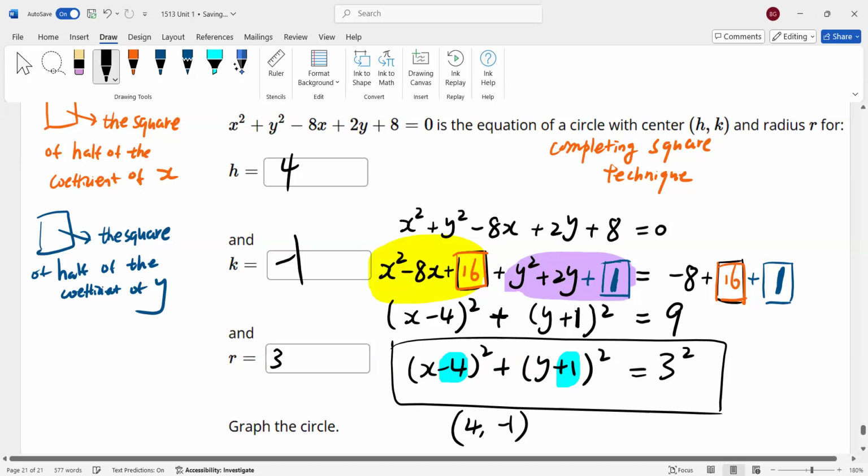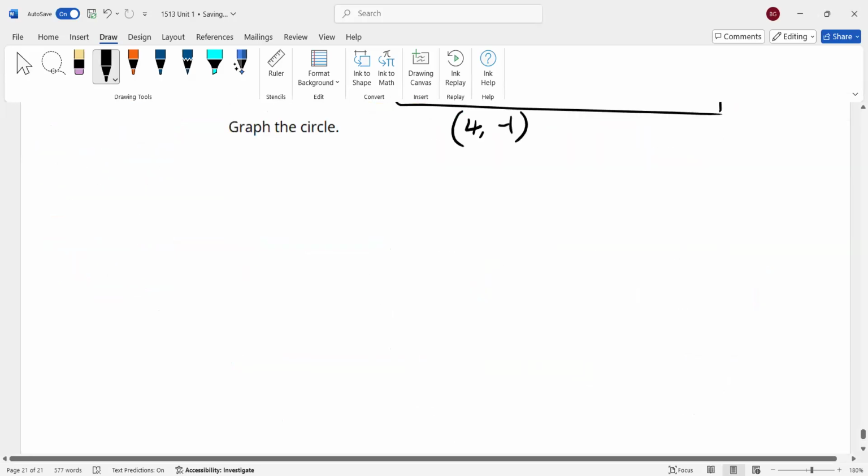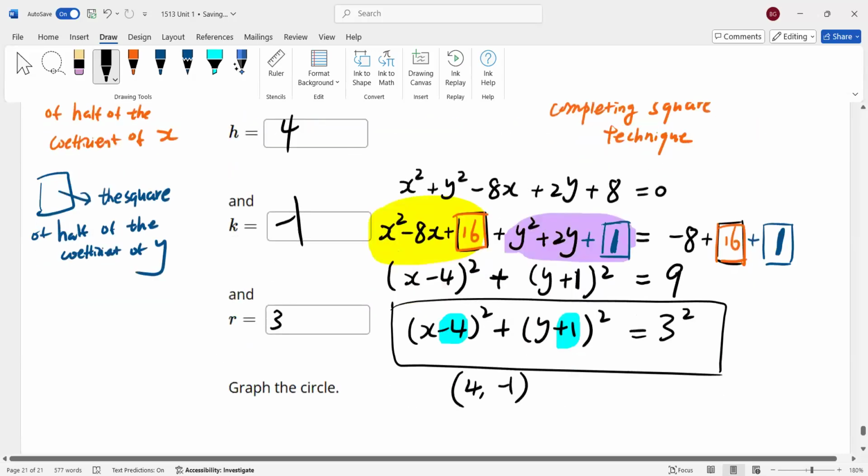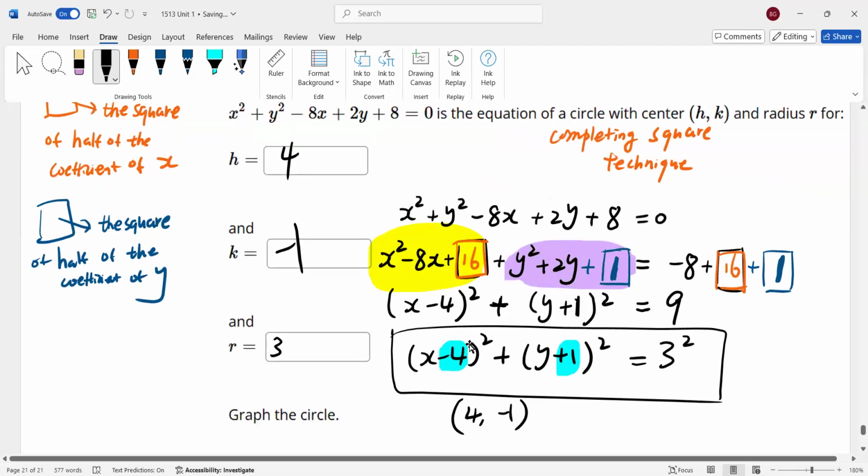And we can graph the circle. I'm going to skip that part. You plot the center, go up 3 units, and from the center go to the right 3 units, from the center go down 3 units, and from the center go to the left 3 units. And those 4 points would help you draw a very good circle.